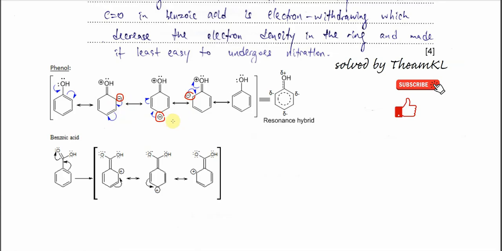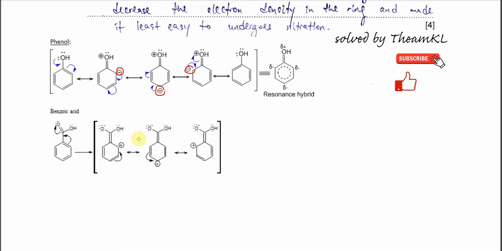Therefore, these are the places that will attract the electrophiles easily. The electrophile is the nitronium ion or this nitric acid. So therefore, it always directs to the 2, 4, 6 positions. That's the reason why.